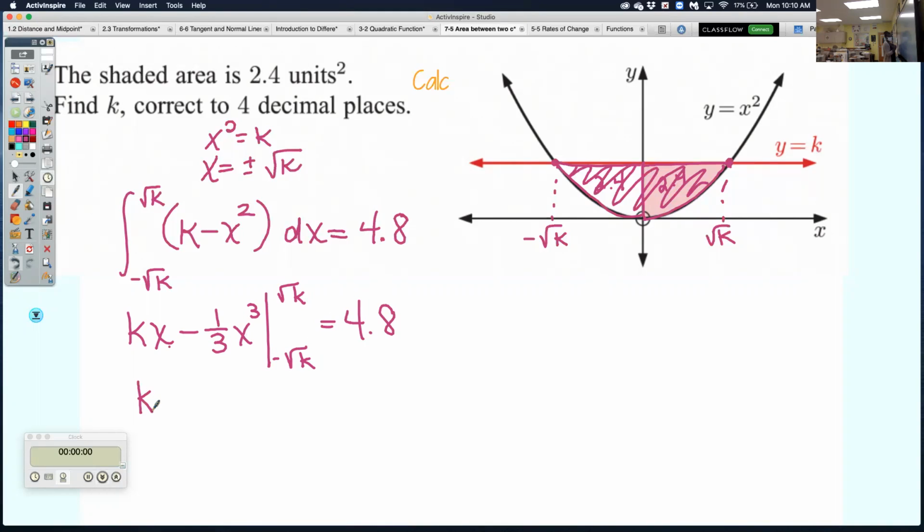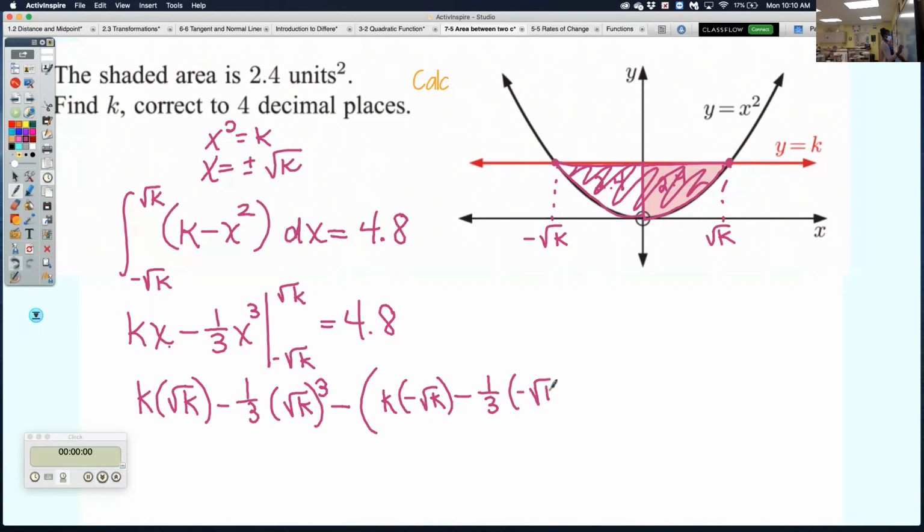I'm going to plug in my upper bound, which is the square root of k, and then subtract what I get when I plug in the lower bound, which is negative square root of k. Lots of k's here. Again, this entire area, when I evaluate the definite integral, should equal 4.8.